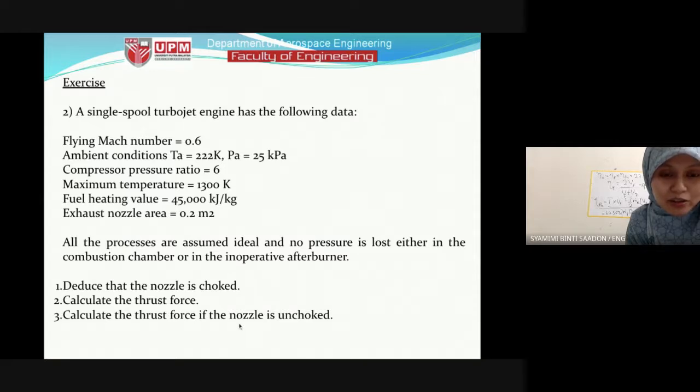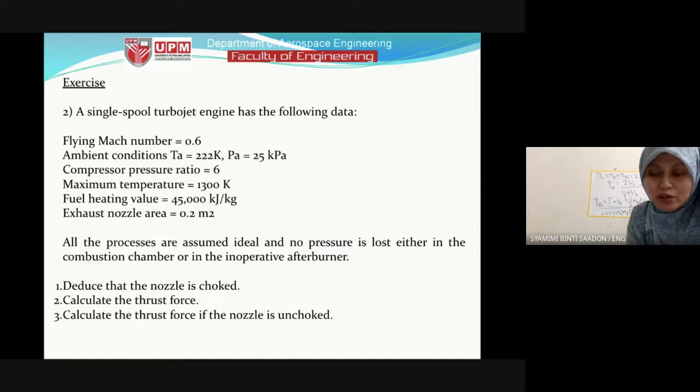In order to prove that the nozzle is choked, we have to calculate the critical pressure. Then we will see whether the critical pressure is higher or lower than the ambient pressure.